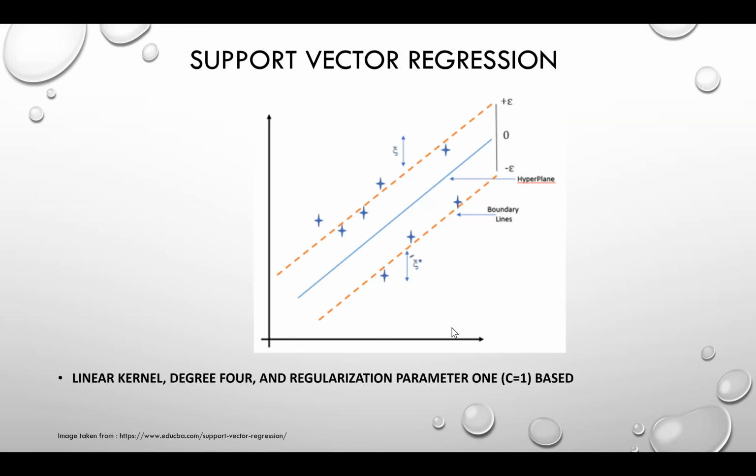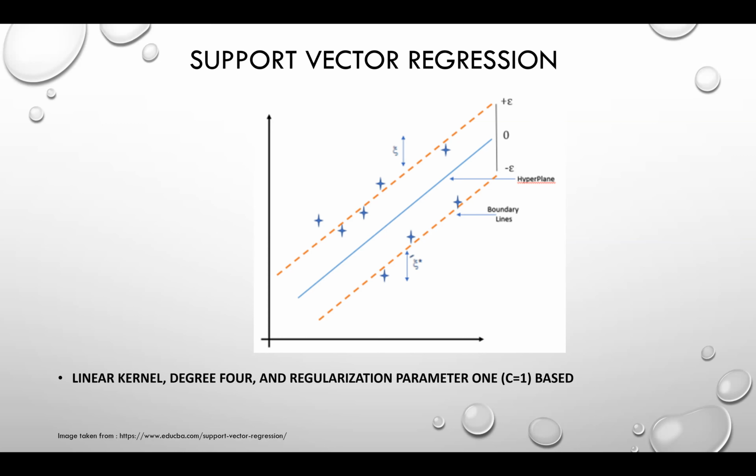We also used the support vector regression, which is a very popular regression algorithm derived from support vector machines, which are used for classification. So the support vector regression finds a high-dimensional hyperplane that captures the target variable's variance under a specified error threshold.